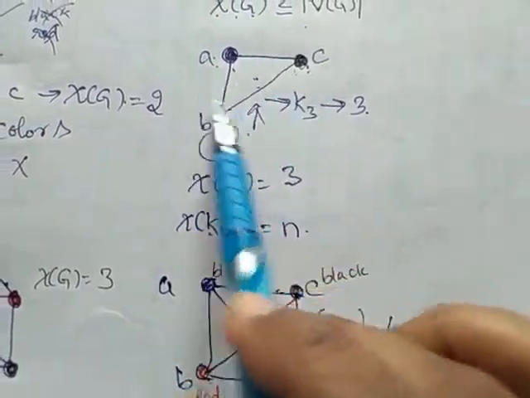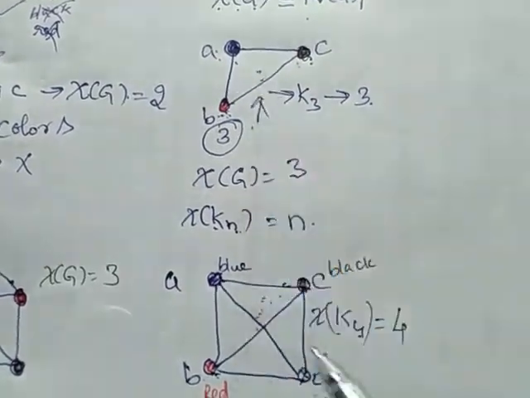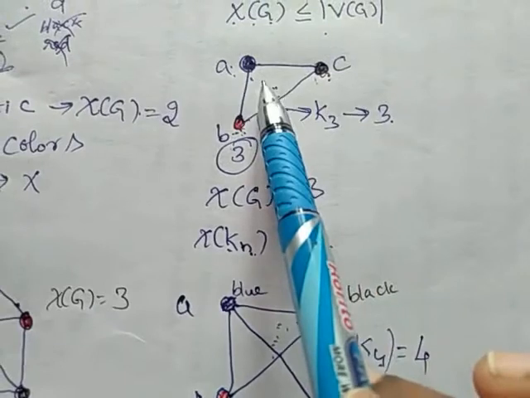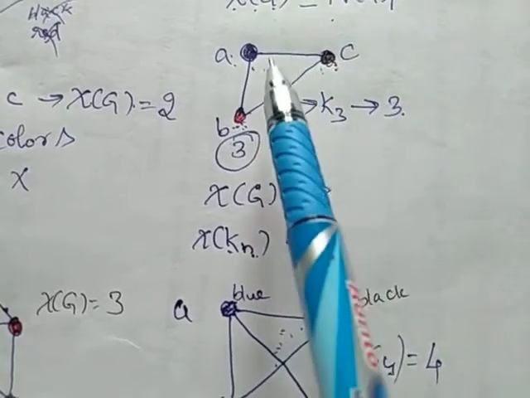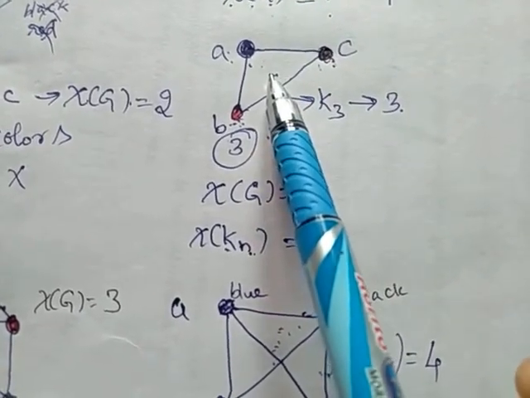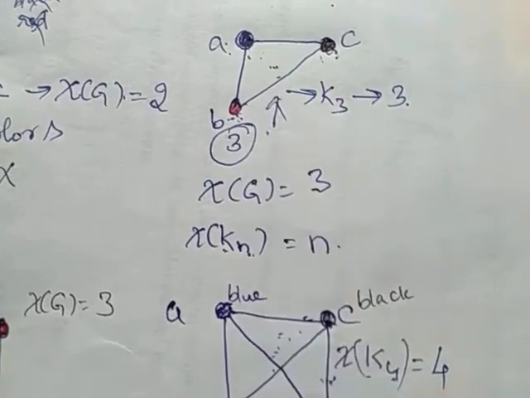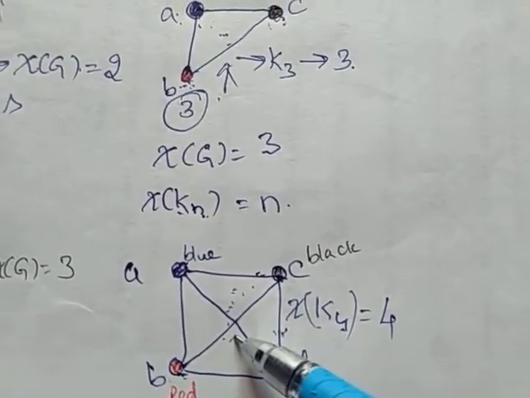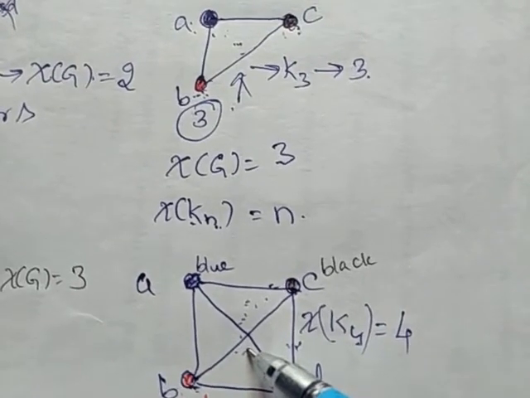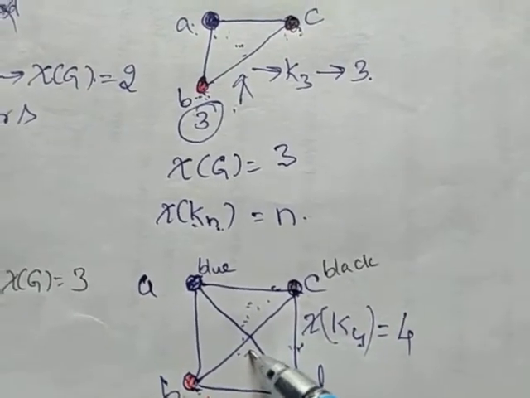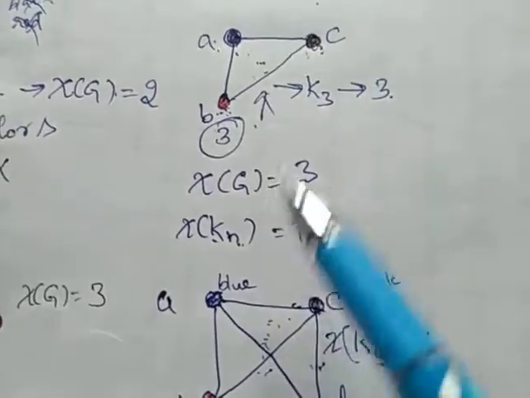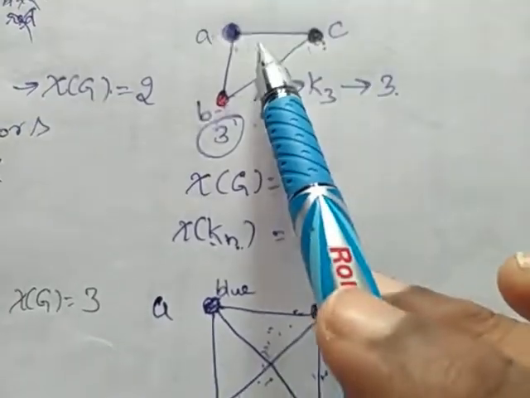See, here it requires 3 colors, but here it requires 4 colors. Therefore, if some subgraph requires 4 colors or 5 colors, then the chromatic number of the main graph requires more than that number of colors or may be equal to that number of colors. In this case, it is greater than the chromatic number of the subgraph.